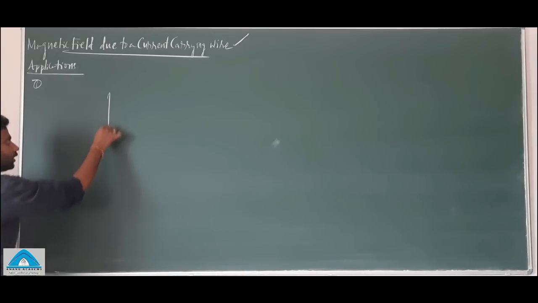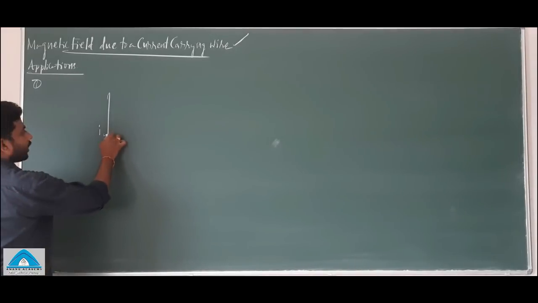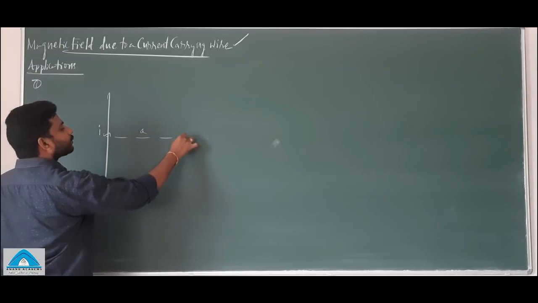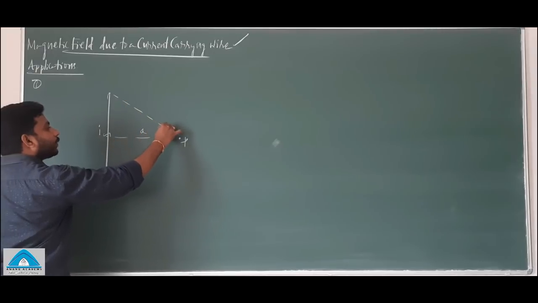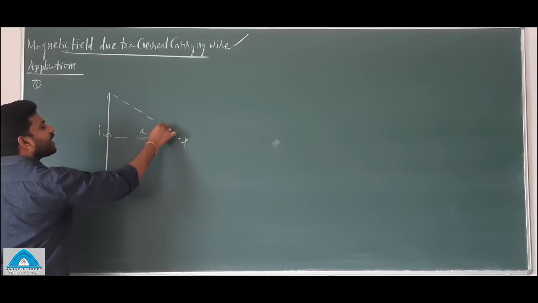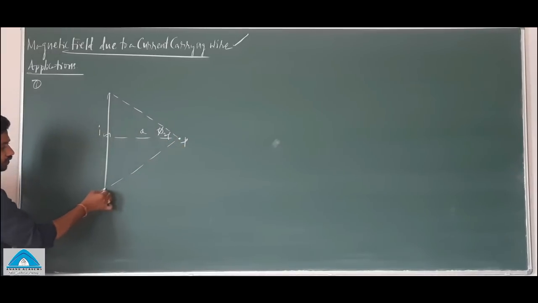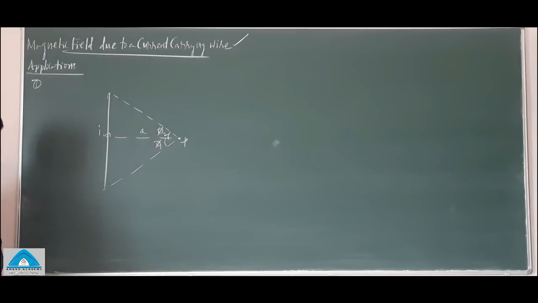There is a straight current carrying wire through which the current I is flowing. A perpendicular distance a is drawn to point P, and from one end to the point P, this is the angle phi 2. From the other end to the point, this is the angle phi 1.